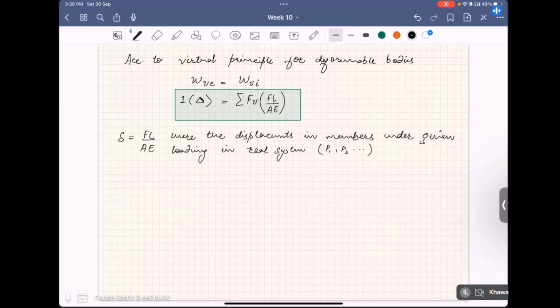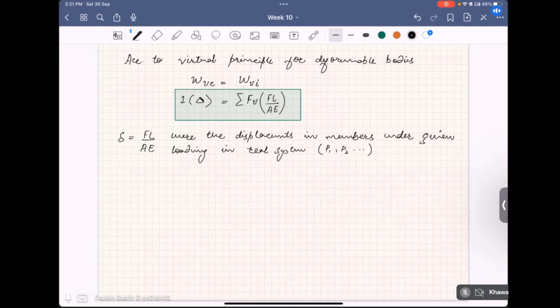While joining these members with each other, they will develop a stress within them. Just because of this stress and the strains in the truss members, there will be a total deflection in our truss structure. So because of these effects, temperature change and fabrication errors, there will be the deflections caused in our truss structure. So how to compute those deflections?